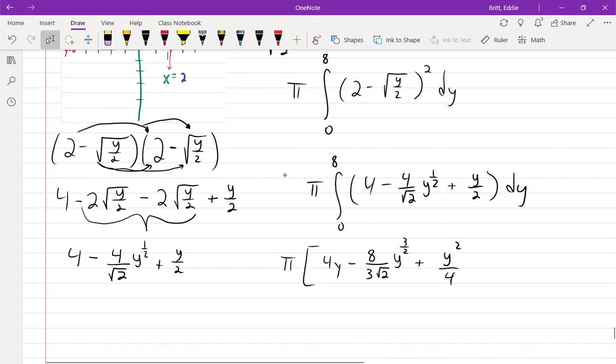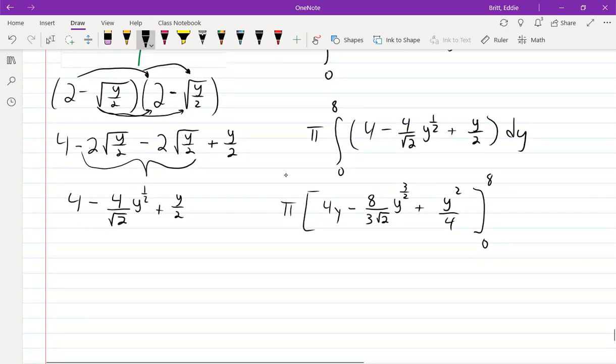So it's over 4. That's why I like to think about that like it's 1/2 y. Because then, whenever I add 1 to the power, I'm adding a 2 and I divide it by 2, I'll have 1/2 times 1/2 to give me the 1/4. All right, I have to evaluate that from 0 to 8. And then I should have my answer.